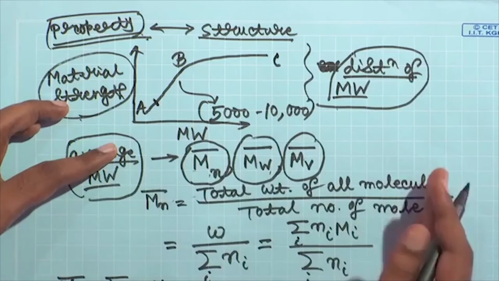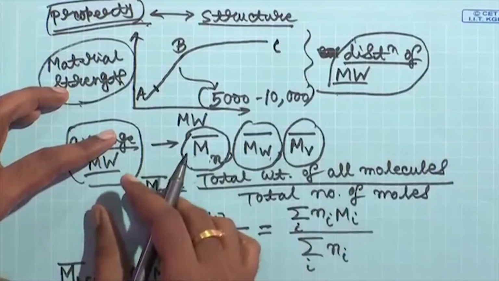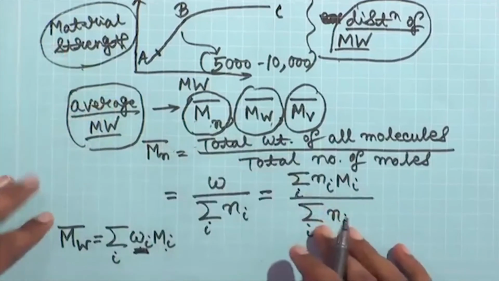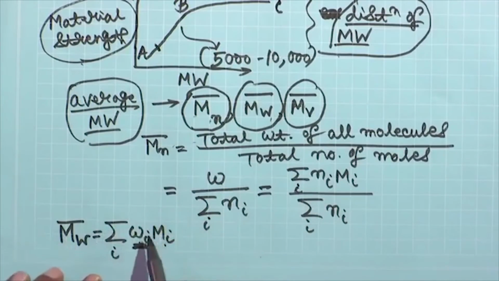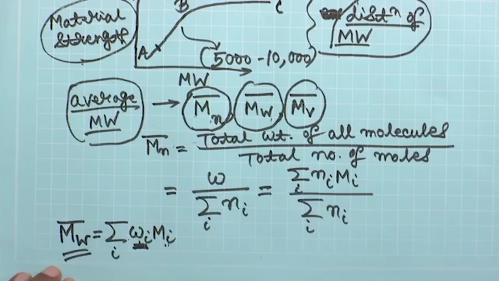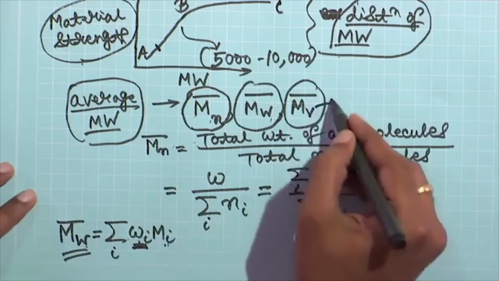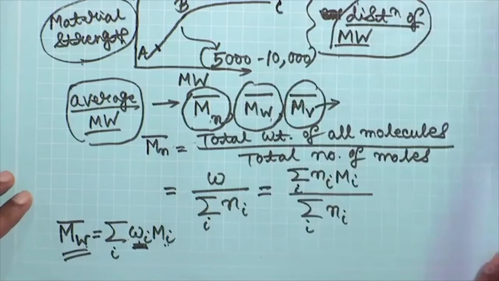If you have 10 kinds of molecules, the weight fraction W1 of molecules has molecular weight M1, the weight fraction W2 has molecular weight M2, and so on. If you add them up together, you get the weight average molecular weight. Viscosity average molecular weight will come afterwards.